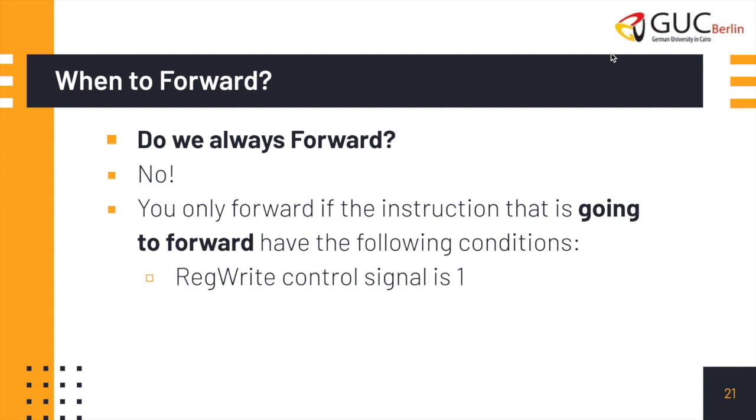Just imagine if this instruction will not save its result. Its reg write control signal is not 1, it is 0, meaning that it will not update the value of any register in the register file.